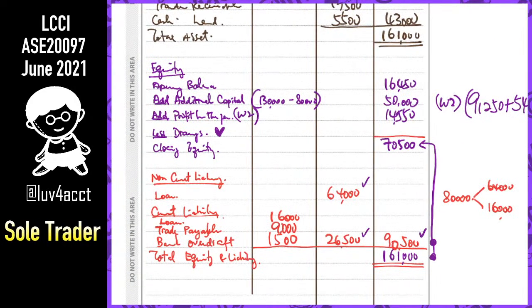And with that, we can know the amount of drawings. So the amount of drawings is 10,500. Finish. Done.